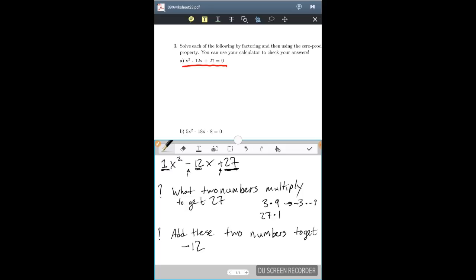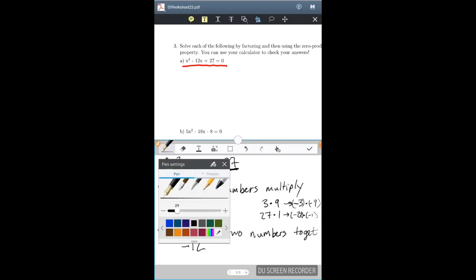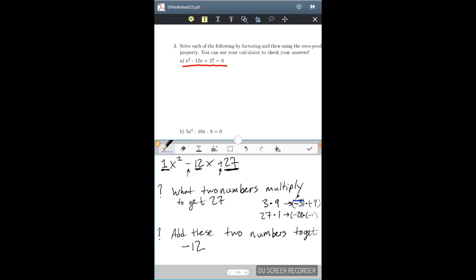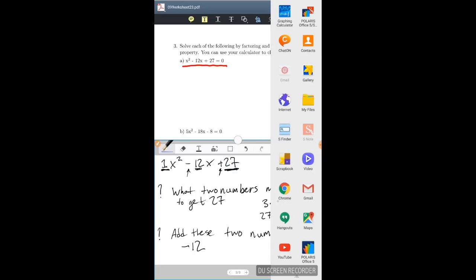We can think of this as negative 3 times negative 9, with a little parentheses here so you know what we're doing. Or we could choose negative 27 times negative 1. They both multiply to 27, and all we have to do is check. Take the numbers we've guessed, add them. What we'll see here is that we've stumbled upon the right answer already.